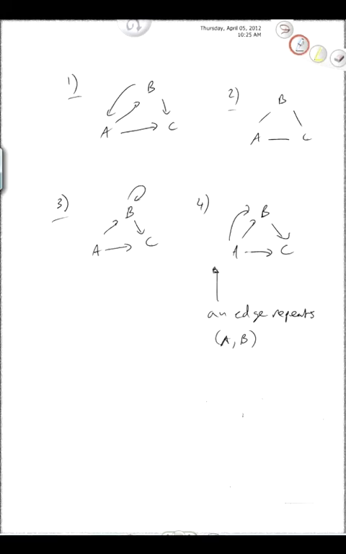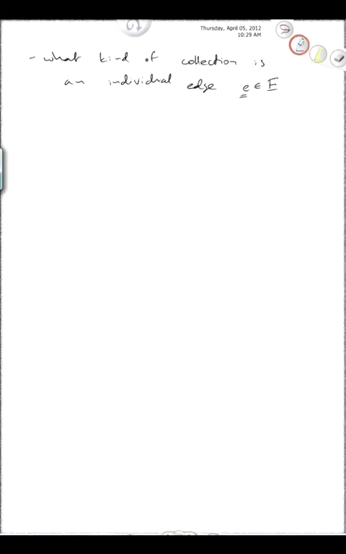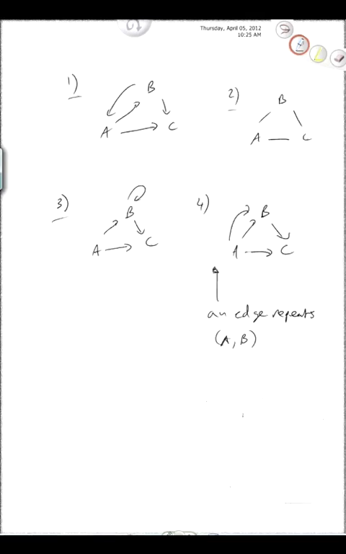And in example 3, you see that we have an edge that repeats because it starts and ends in the same node. So sometimes edges are directed. In our examples here, in examples 1, 3, and 4, the edges are directed.